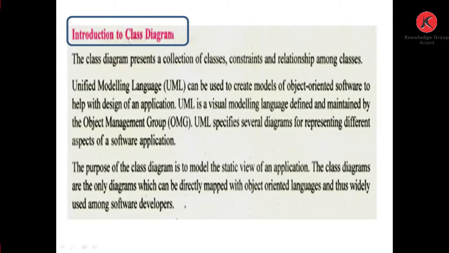The purpose of the class diagram is to model the static view of an application. Class diagrams are the only diagrams which can be directly mapped with object-oriented languages, and thus are widely used among software developers.